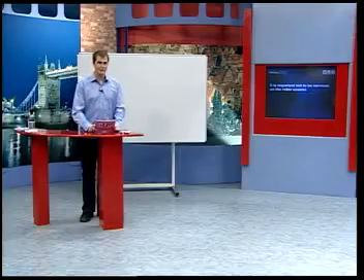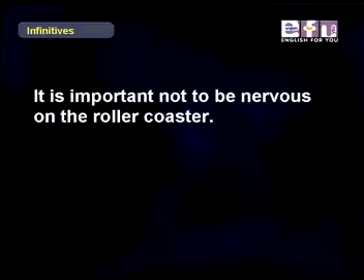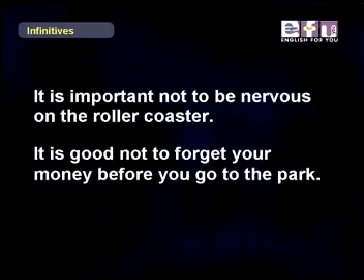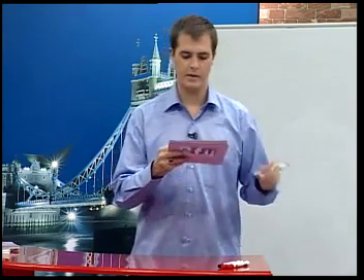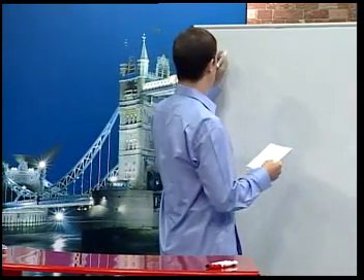Let's look at negative infinitives. Have a look at these sentences. It's important not to be nervous on the roller coaster. It is good not to forget your money before you go to the park. Okay, so not is used before the infinitive in negative sentences. Let's have a look at this.